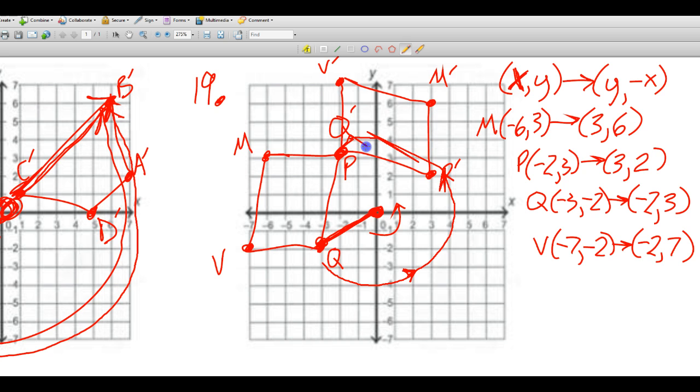And then, sorry, a little glitch there. So I'm rotating 90, 180, all the way to 270. So my hands of the clock would rotate from here to here, going in this direction, 270 degrees.